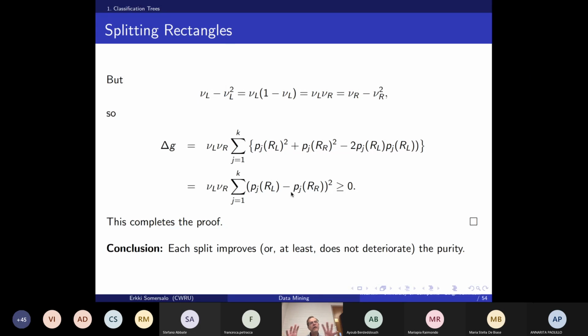So you are adding to the complexity, but you are not improving the purity, which is something that we try to avoid here. The more you split, the more complex your situation is, of course, the more splits you have in your tree at the end. And so we're trying to do it in an economic way. But the important thing is that you can't go astray if you split.